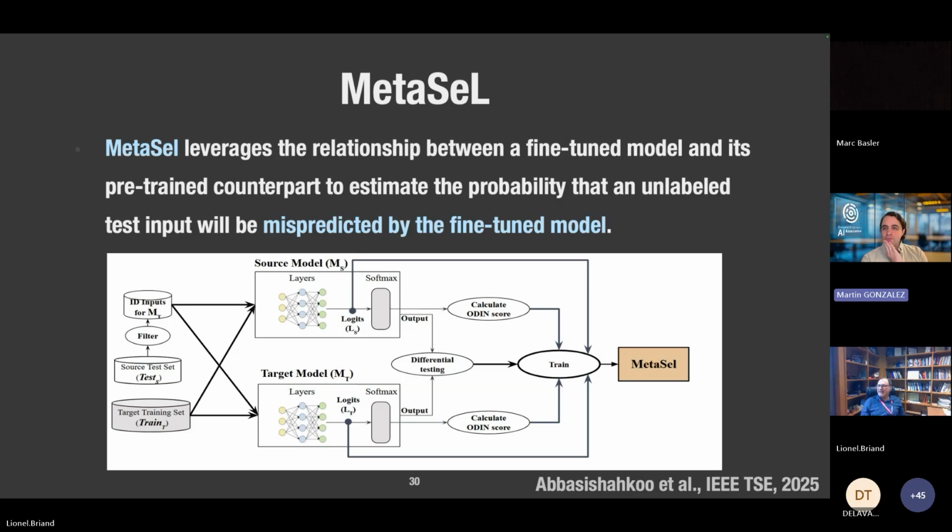I would wonder how this, for example, can be used on tabular data, which is a complicated thing, right? More than images. Yes, you're right.